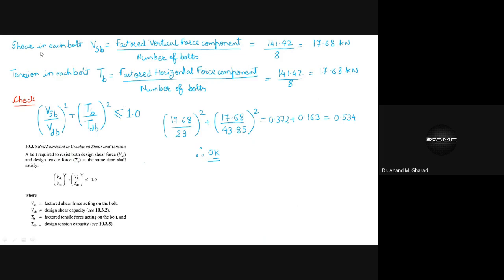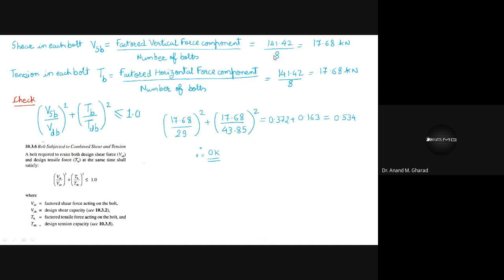Now the second step is to calculate shear in each bolt, which is the factored vertical force component divided by number of bolts, and the tension in each bolt, which is given by the factored horizontal force component divided by number of bolts.